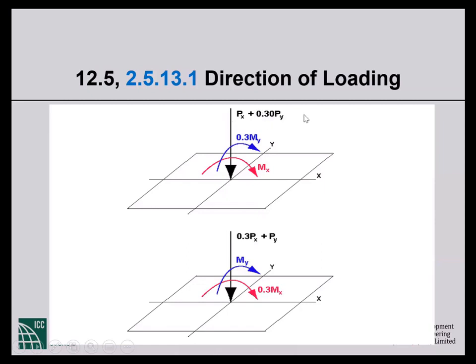That part is simple. But the bending moments are orthogonal to each other. So we are now talking about biaxial bending. We have to design for 100% of M sub X plus 30% of M sub Y, or 100% of M sub Y plus 30% of M sub X. This combination will go with that axial load, and this combination, 100% of X moment and 30% of Y moment, will go with that axial load.